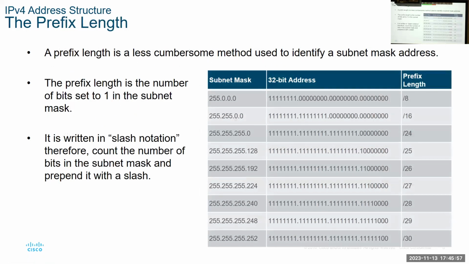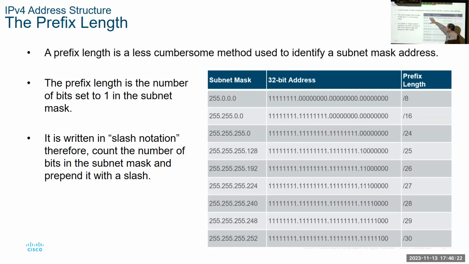Okay, so speaking of prefixes, it's not a bad idea to get familiar with looking at a subnet mask and automatically knowing what that looks like in terms of the prefix length or prefix value, right?